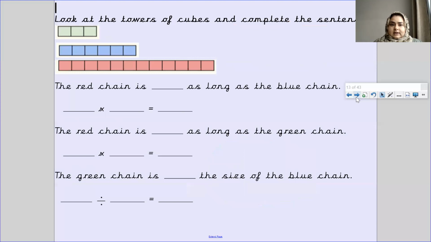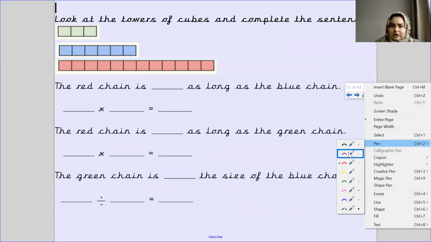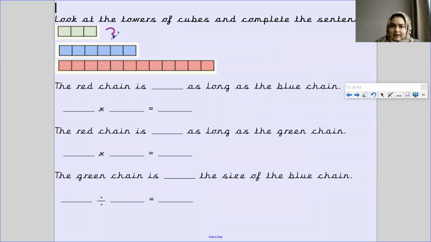Now, look at the towers of cubes and complete the sentences below. So now, the green tower has 3 cubes. The blue tower has 1, 2, 3, 4, 5, 6.